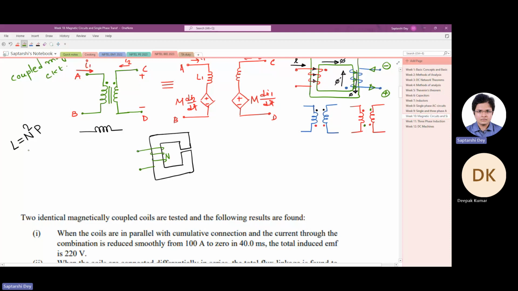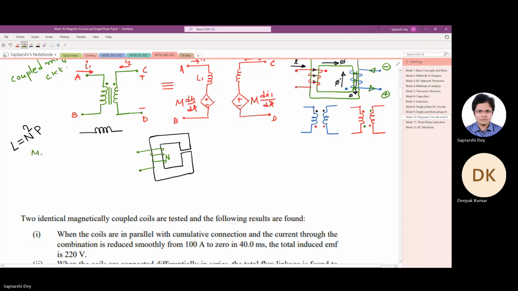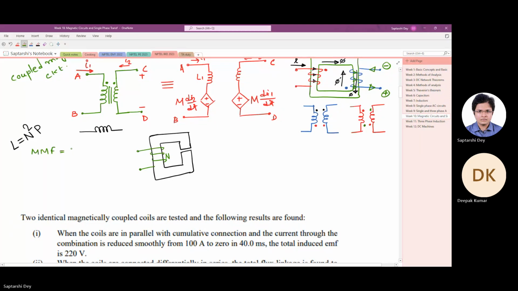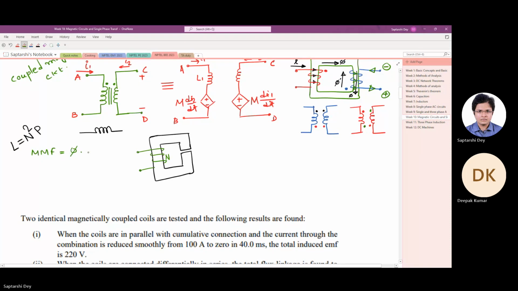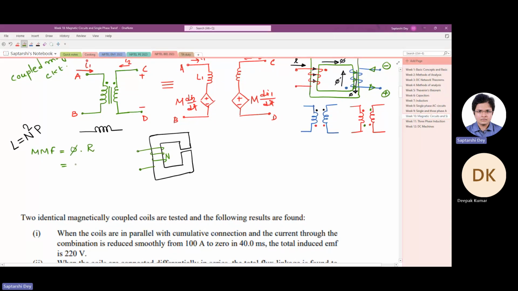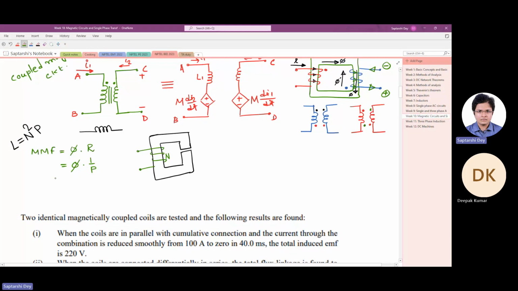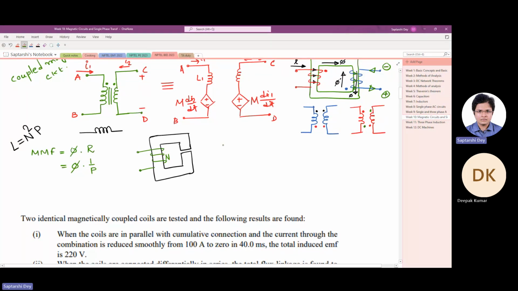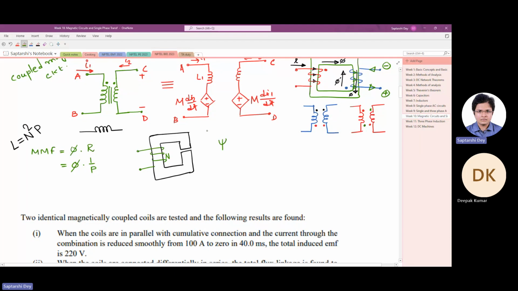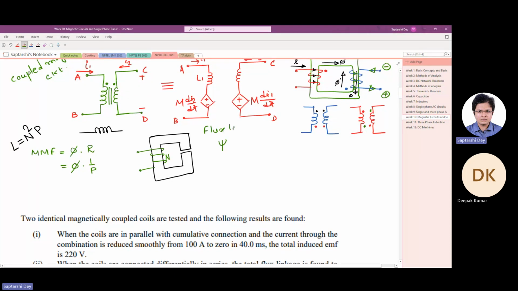Now we just saw that MMF is flux times reluctance, and reluctance, okay, we can keep it like this. It's flux times reluctance. Reluctance is the reciprocal of permeance, 1 by P. Now flux linkage psi, see phi is flux and psi is flux linkage.